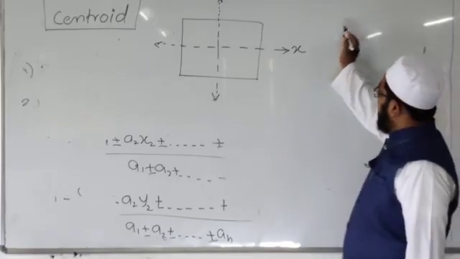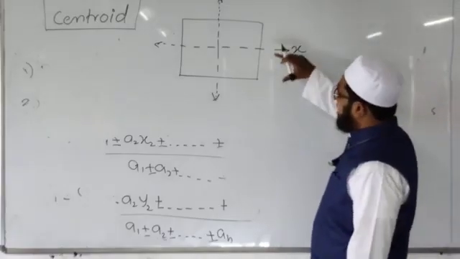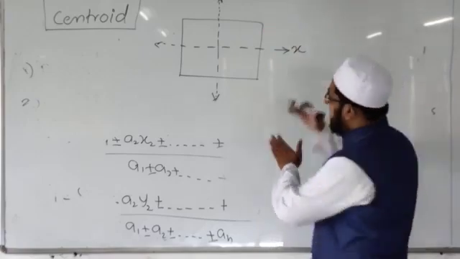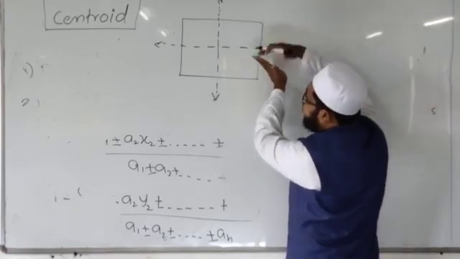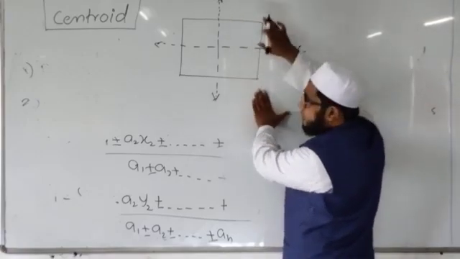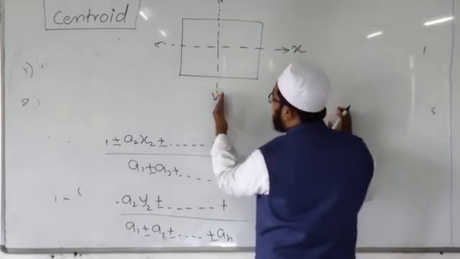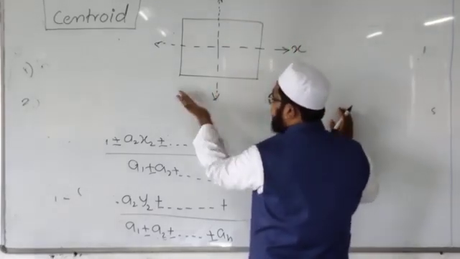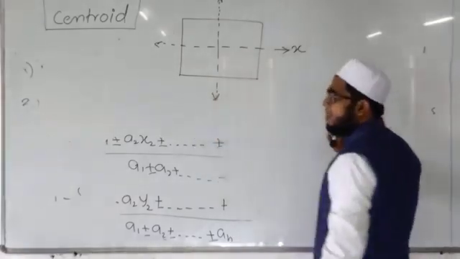In this case the axes divide the given figure into two equal parts. The x axis is dividing the figure into upper half and lower half, and the y axis is dividing the figure into left and right halves.